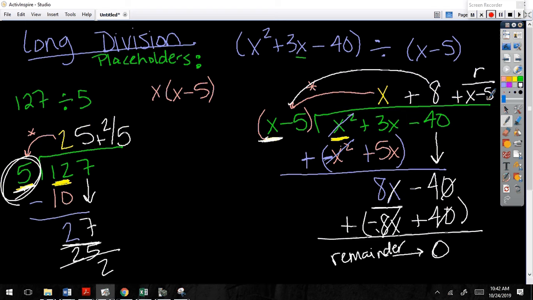Y'all ready for this one? By the way, before I actually do this next one, if you see something like, I don't know if it's the pen or the batteries, but both pens are doing this now.